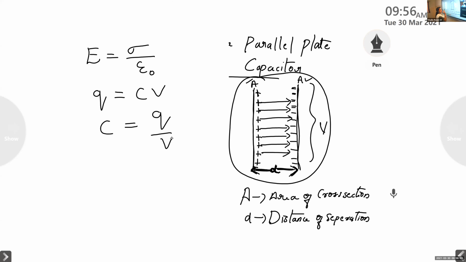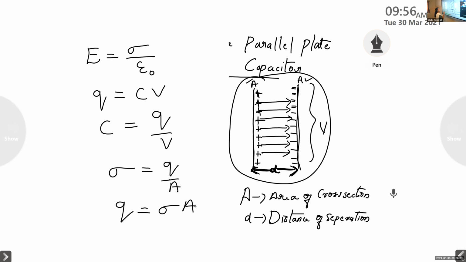But in this case, the charge is distributed on the surface of a conductor. So the surface charge density is given by sigma is equal to Q by A, that is, the charge distributed per unit area of the conductor. From this equation, we have Q is equal to sigma A. Clear?